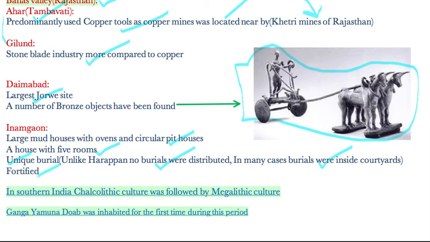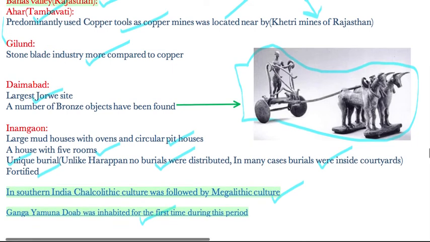Two important points which we can learn from the Chalcolithic culture are that in southern India, the Chalcolithic culture was followed by the megalithic culture. This is an important point. And the Ganga-Yamuna Doab was inhabited for the first time during this period. This is also important.